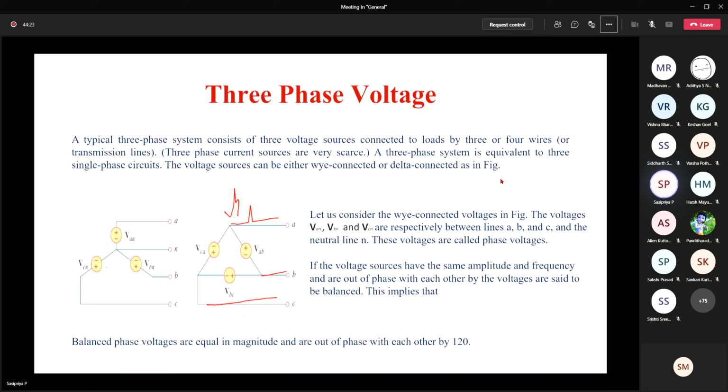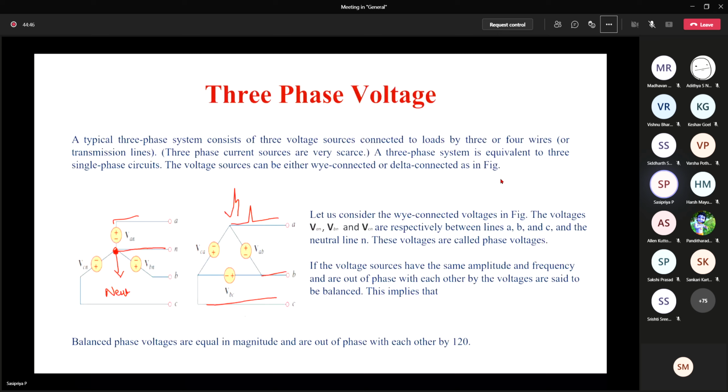Same way, those 3 coils or 3 generated voltages can be arranged in the star form. So this is star form. Here from each phase I have a wire, and then from this common point, which is called neutral, we have a 4th wire. So this is called a 4-wire 3-phase system.